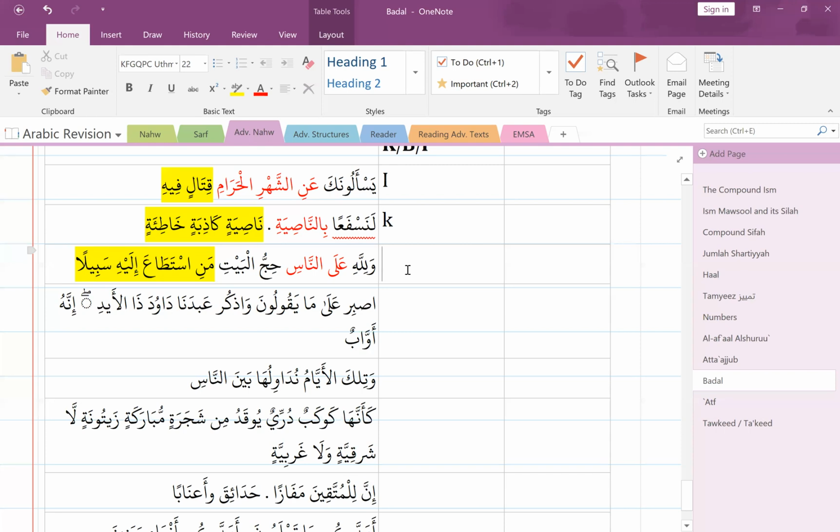But it's from those who are able, so it's a part of a whole. Badal al-ba'd. Yes, exactly. So it's not everyone, just those of the people that are able.